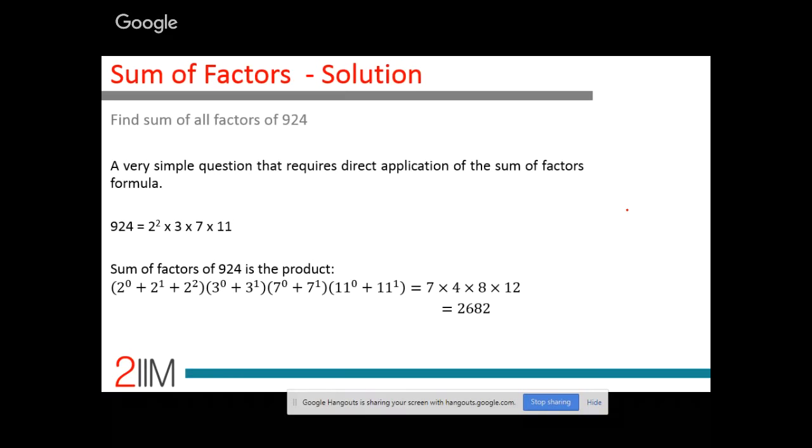So the sum of factors is (1 plus 2 plus 2 square) into (1 plus 3) into (1 plus 7) into (1 plus 11), so 7 into 4 into 8 into 12, whatever that number turns out to be. I'm not going to sit and multiply. You know the funda, you know the formula, plug it in.